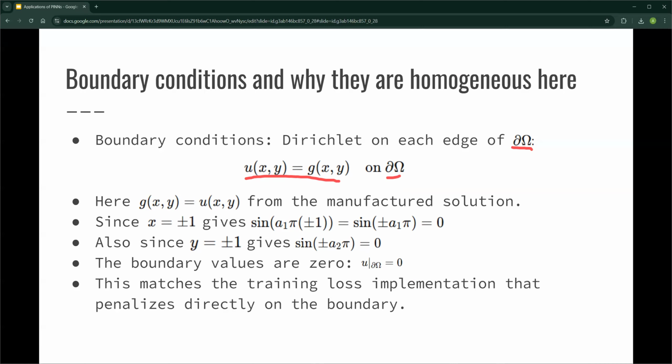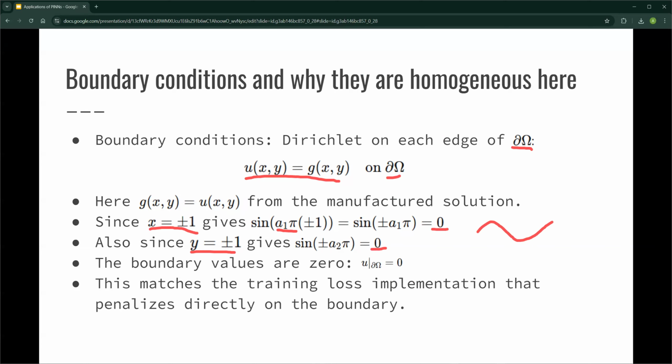For this manufactured solution, sine of x times pi equals 0 for any integer, as I have right here, on the boundary values for x equals plus or minus 1, and the same thing for y equals plus or minus 1. They equal 0 because sine is oscillatory like this. It satisfies our boundary conditions.